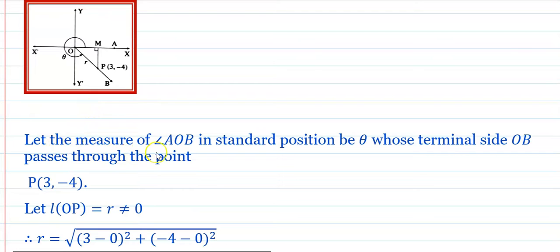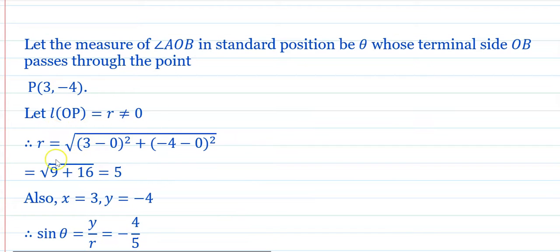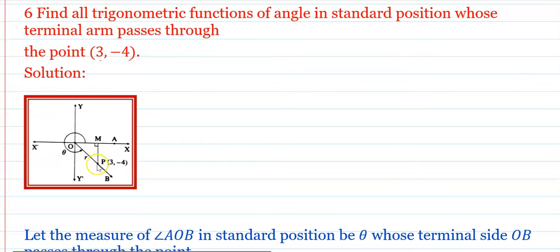Let the measure of angle AOB in standard position be theta, whose terminal side is OB. The terminal side OB passes through the point P(3, -4). The length of OP is equal to r, and using the distance formula we will find OP.